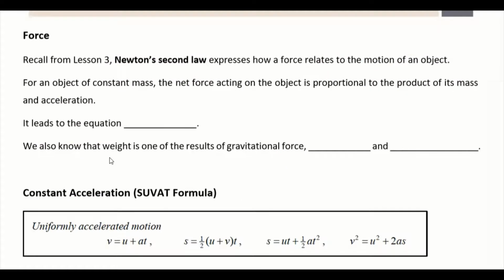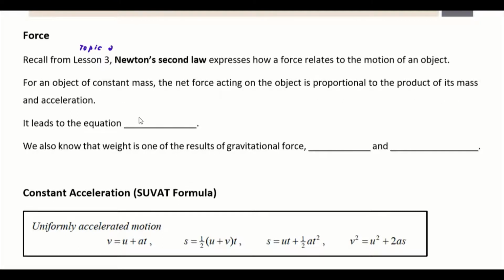All right, so same thing. This part is just a recap on the content that we have learned previously that we are going to use in this lesson. In topic 2, lesson 3, we have learned Newton's laws of motion, right? And we know that the second law tells us how force relates to the motion of an object. So force is proportional to the product of the object's mass and acceleration.